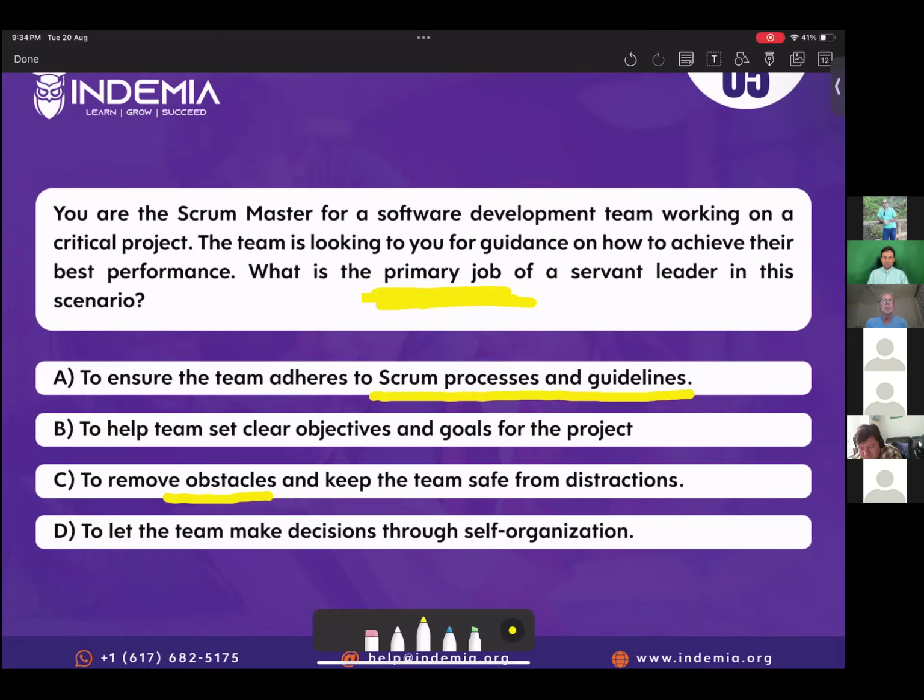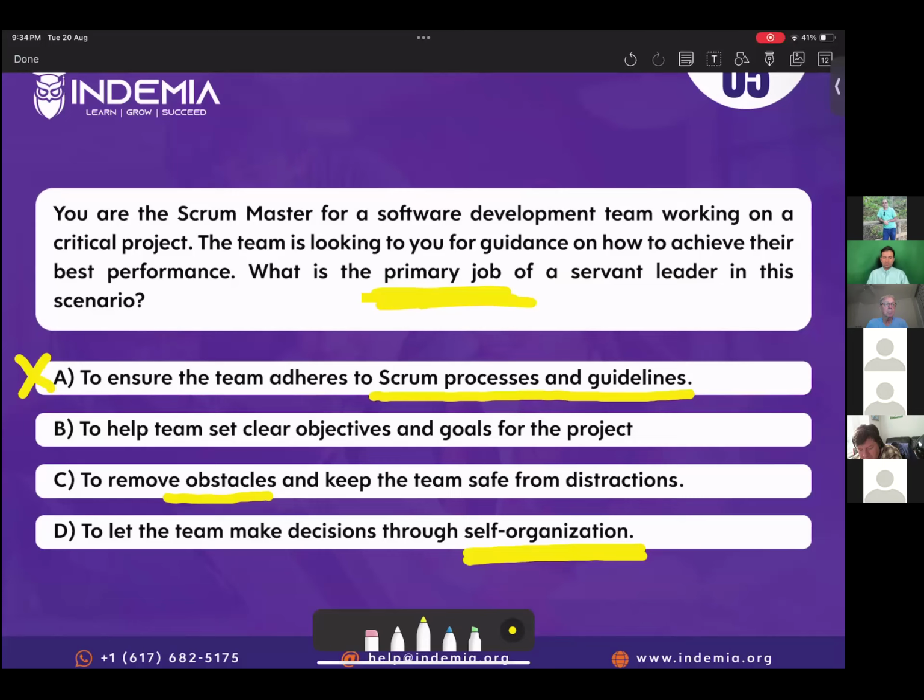Yes, Scrum Masters do that. They make sure the team follows the process, but that's not the primary job, right? Because servant leaders are more into self-organization, as you could see in option C. So rather than them making sure the team follows the process, the team is self-organized and they follow the process. So A can't be the right answer.